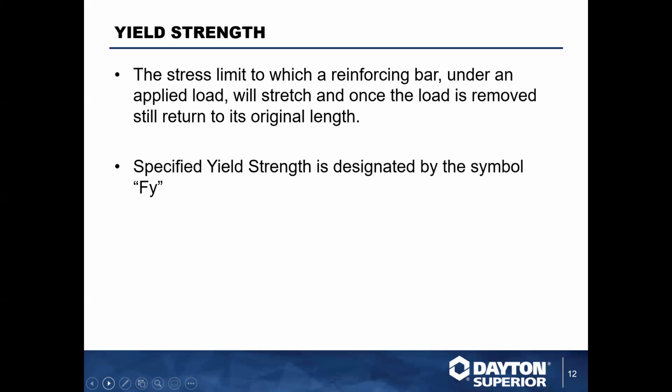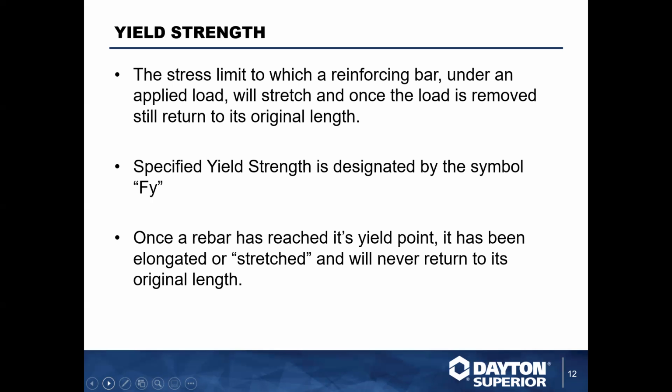Yield strength, or physical yield, is the stress limit to which the bar will take a load and stretch to a certain point prior to failure, without returning back to its original shape. Yield strength is designated by the symbol Fy. Once the rebar has reached that point, it has been elongated and stretched and will never return.